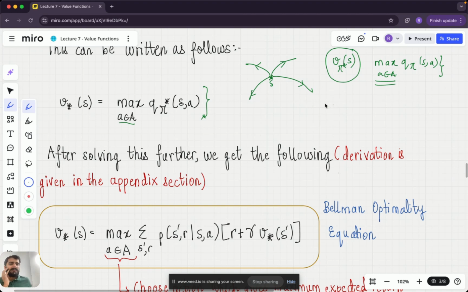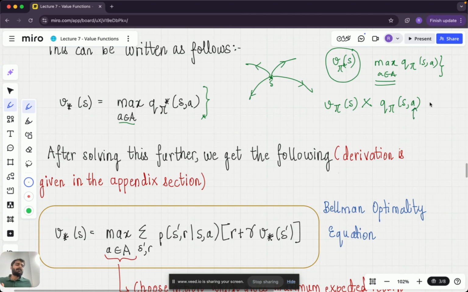In reality, v pi of s, which is the value function for a specific state, and the action value function, which is the value of this expression when you take an action, there is no reason for both of these to be equal, because this action can be anything.